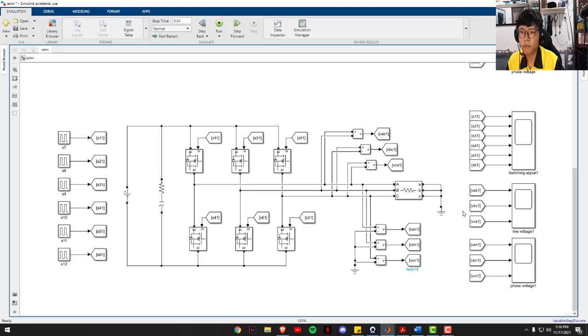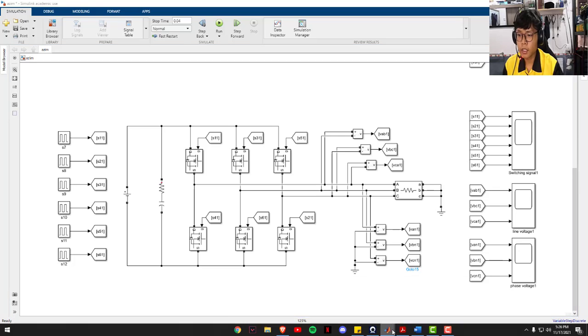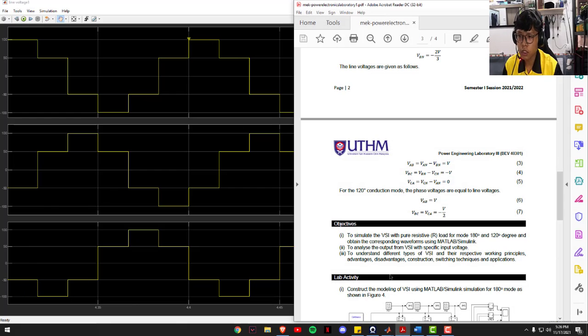And then for the line voltage, we just have to run, stop, and press the scope here. I already ran the simulation, so here's the line voltage. What we got here is 100 volt, which is VAB, VBC, and VCA. VAB is equal to 100 volt, VBC is negative 50, while VCA is negative 50. As we get the output, we have to see the theory first.